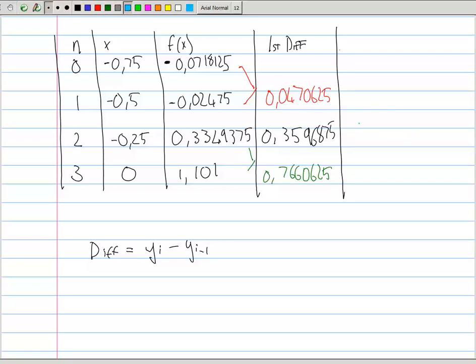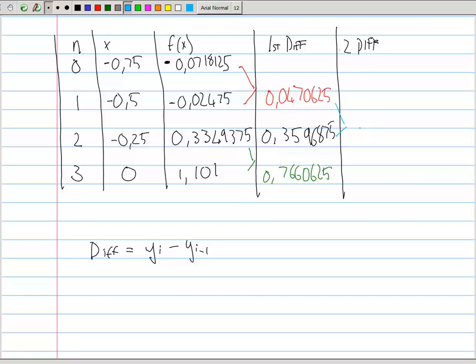So our next difference, let's go second difference. We are going to have the difference between these two at the top, so this is going to be that and that.